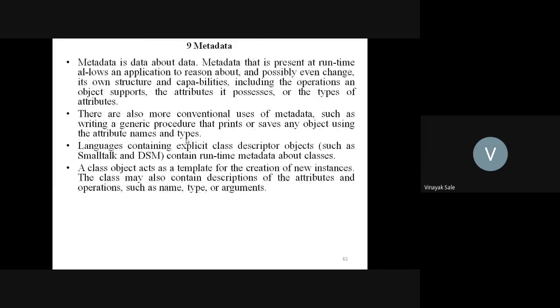Next is metadata, that is, data about data. Metadata that is present at runtime allows an application to reason about, and possibly even change, its own structure and capabilities, including the operations an object supports, the attributes it possesses, or the types of attributes.